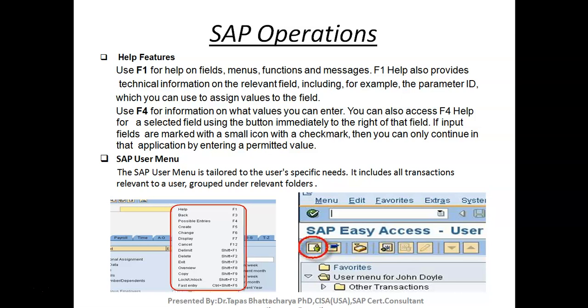And if you use F4, it guides you on what values you can enter. This is the operations guidance for any new users. You can also access the SAP user menu. Whenever you open SAP, the easy access screen appears first to any user, and from the user easy access screen, you can access your required transactions.